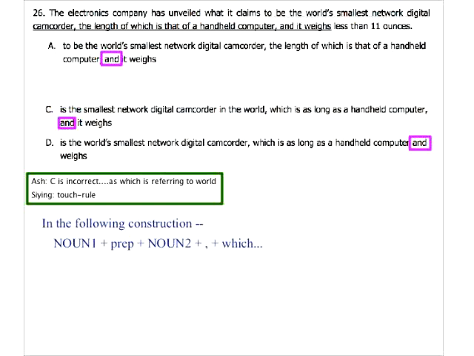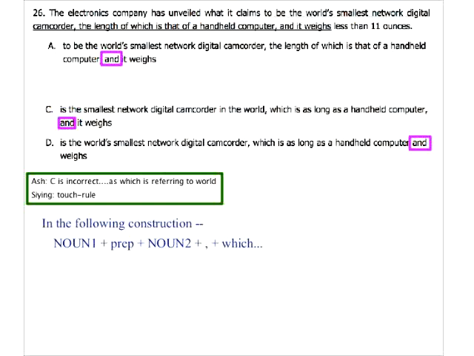In this kind of construction, the which can potentially modify either of those nouns. So it doesn't have to be noun 2, and I think that's what some of you guys are saying when you say touch rule. It's either noun 1 or noun 2, depending on context.